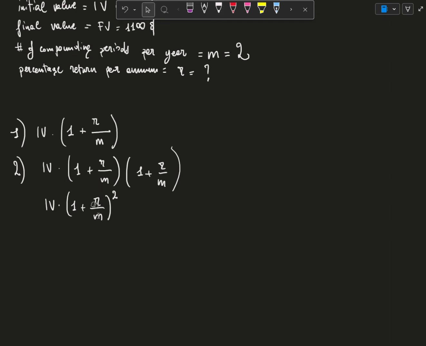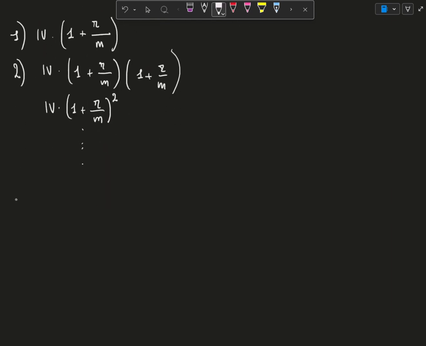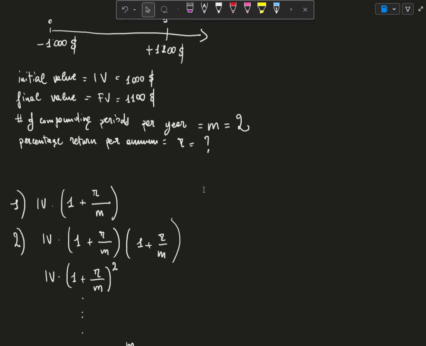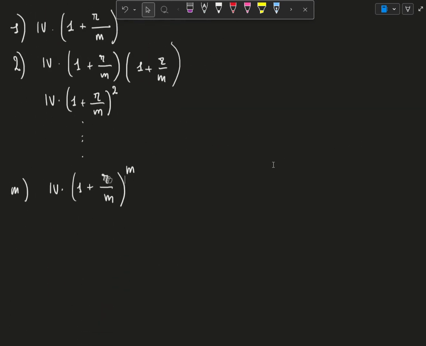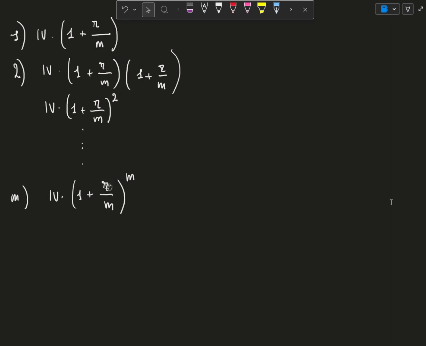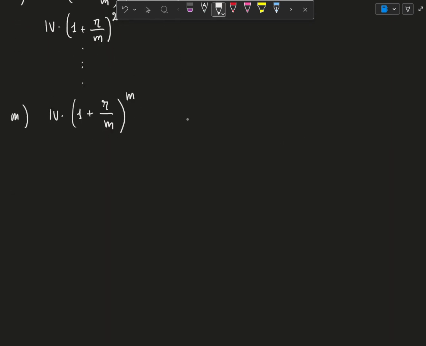And if we generalize for M periods, we have that the initial value has to be multiplied by 1 plus R over M to the power of M. And since we need to find out the return rate, our R, our unknown, we will need to solve for R. Remember, we know that this expression is equal to our final value.